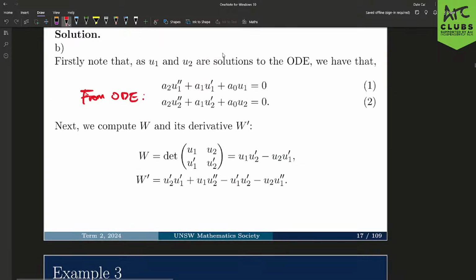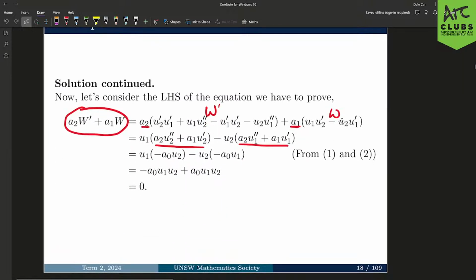By rearranging, if you move this over to the other side, you get equals negative A0 U1, and the same thing here. And so they can replace these values with these values. And that's what they do here. And then they get two of the same thing, except one's negative, and it turns out to be 0. So yeah, this is just tedious work. It's one of those questions where you have to just do it. There's no good way around it.